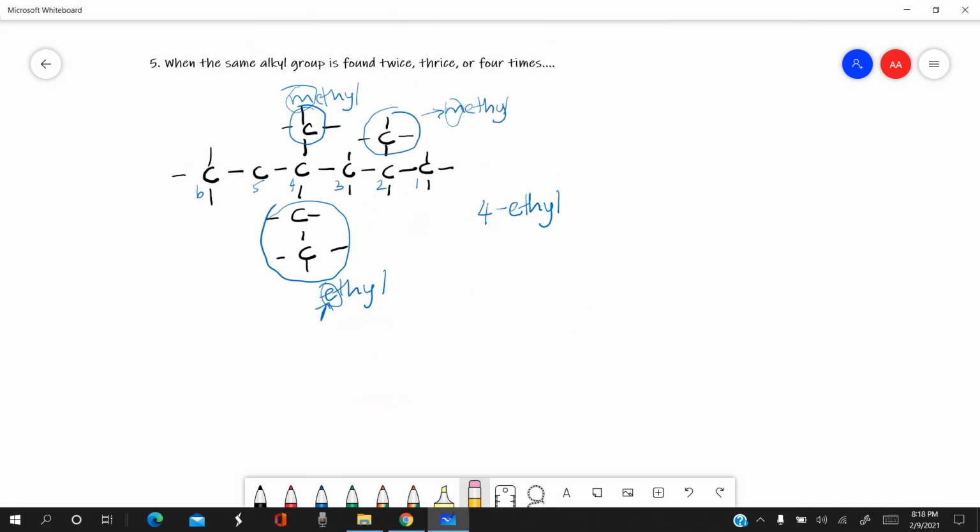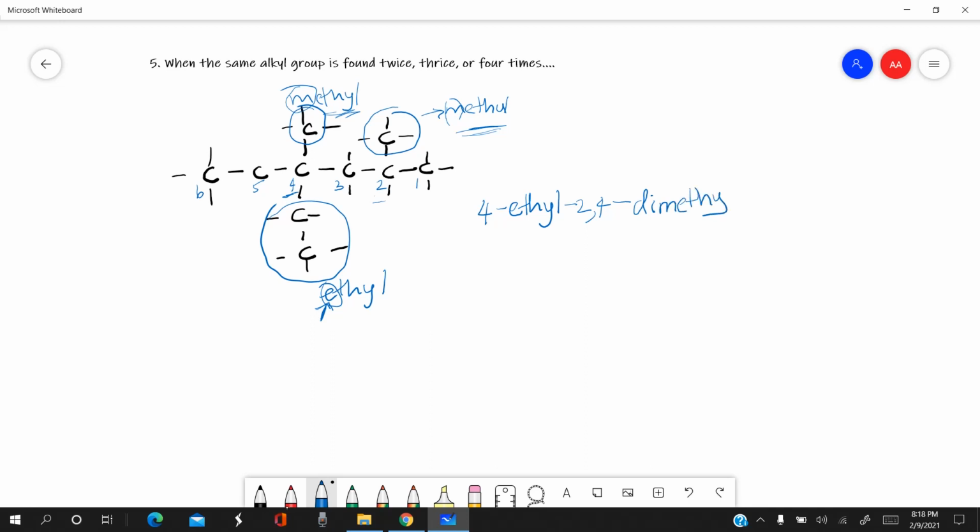Now the important part comes into play. Here there are two methyl groups. So first write the number, lowest one first, 2 comma, and the other methyl group is attached to the fourth carbon, so 4. Since there are two methyl groups, we add the prefix di, methyl.